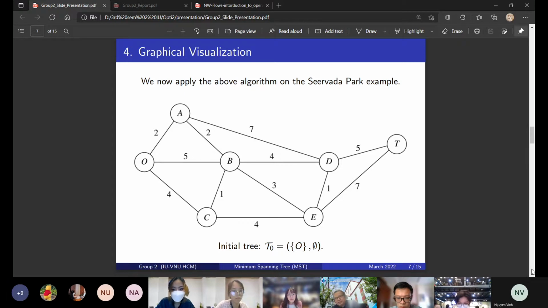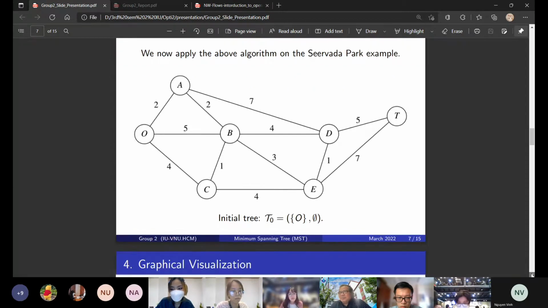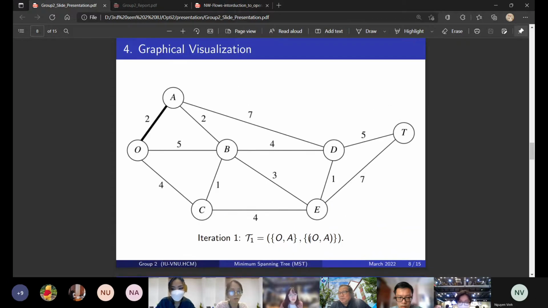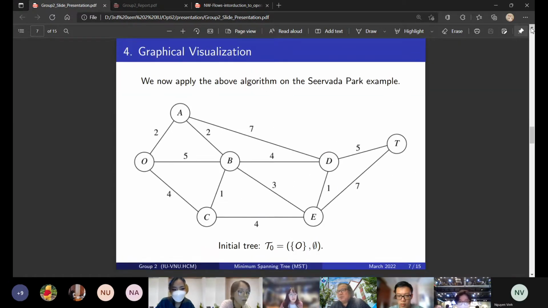After having the node and arc, we update to the new tree, which now includes the set of nodes O and A, and the set of arcs now includes one arc, OA. Can you explain again why you choose node A?